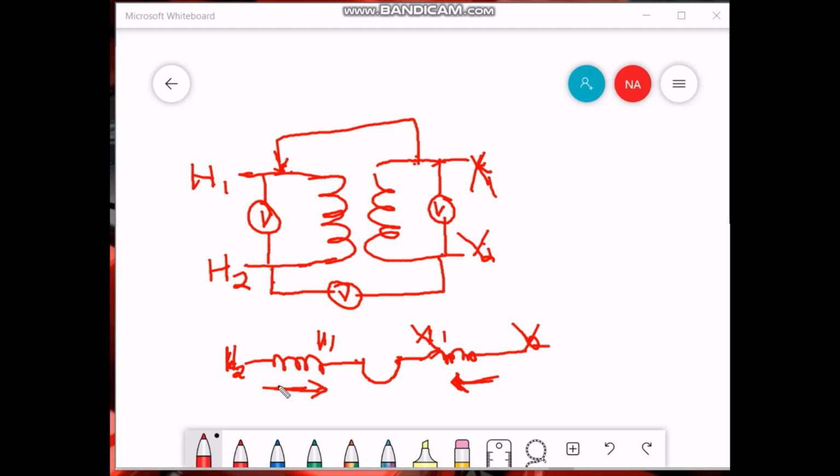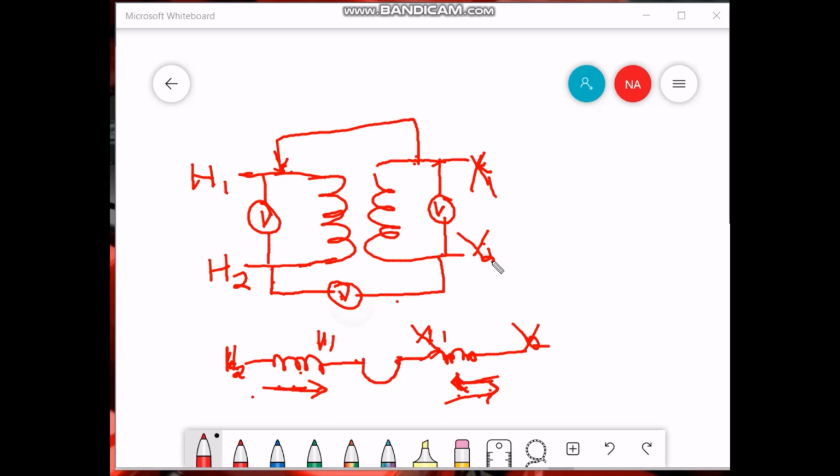But if the polarity is additive, then we have this direction, and both the voltages will add up, because we are checking from the voltmeter connected between H2 and X2 whether it is subtractive or additive.